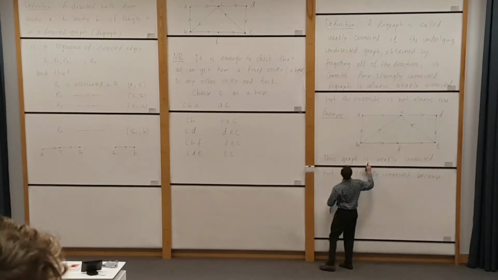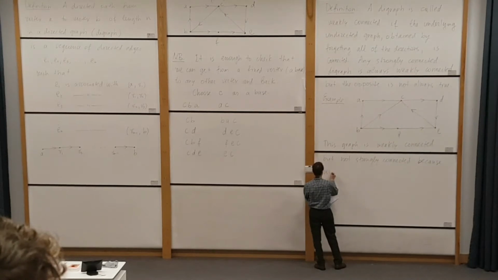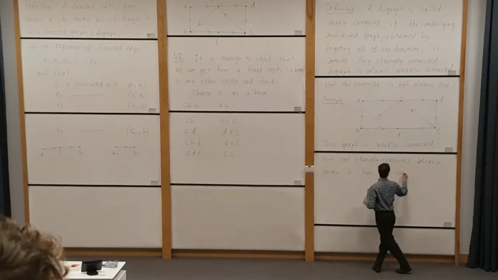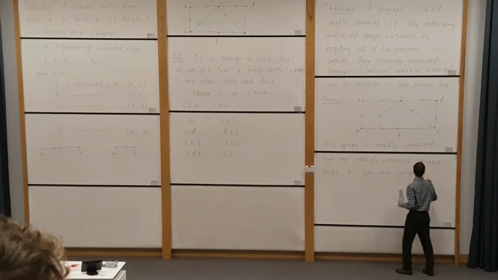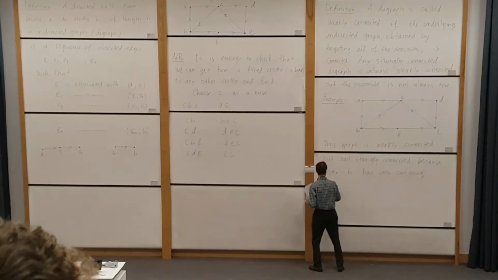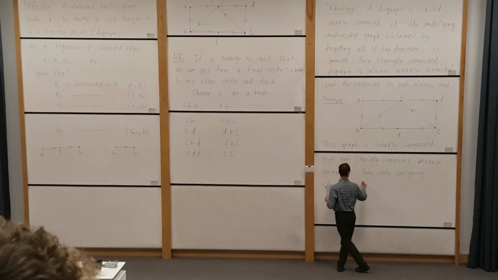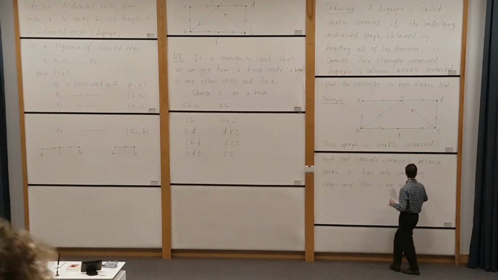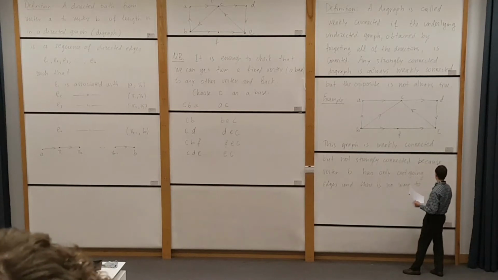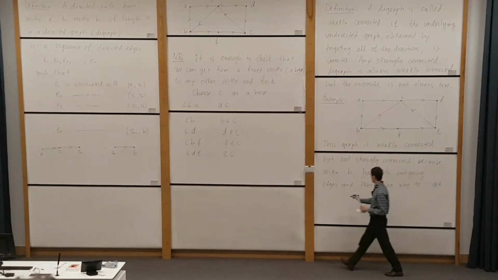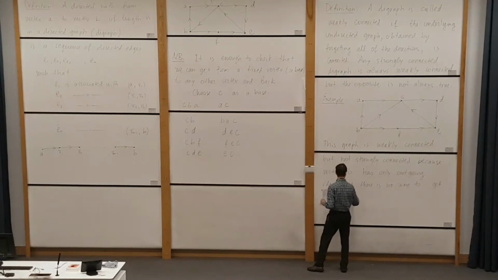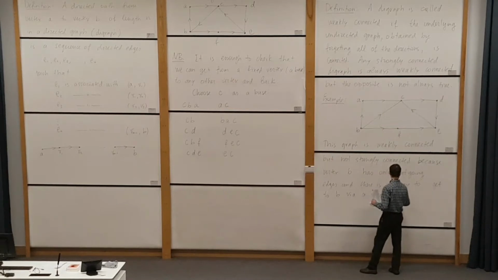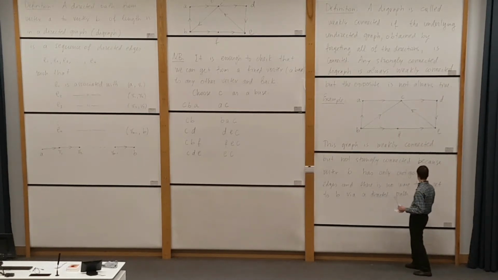Because vertex B has only outgoing edges and there is no way to get to B via a directed path starting from any other vertex.